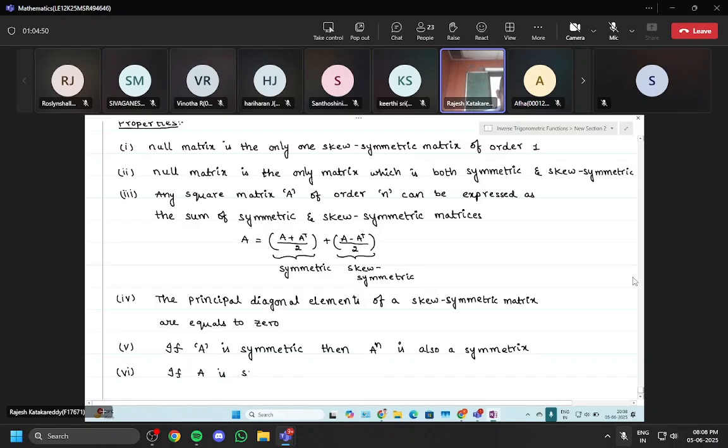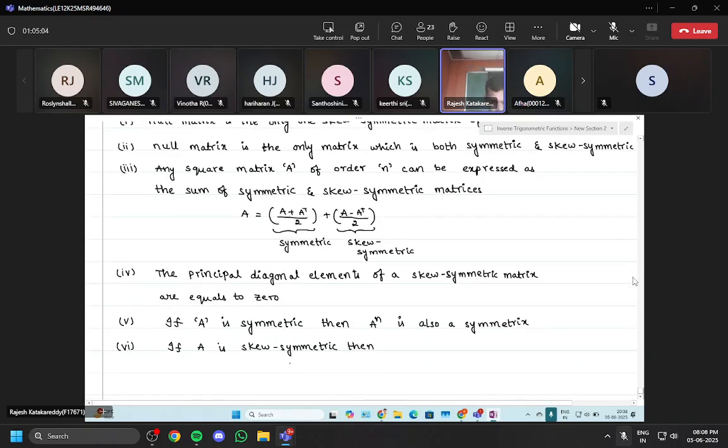If A is skew symmetric, then A power n can be in two situations: symmetric whenever n is even, skew symmetric whenever n is odd.